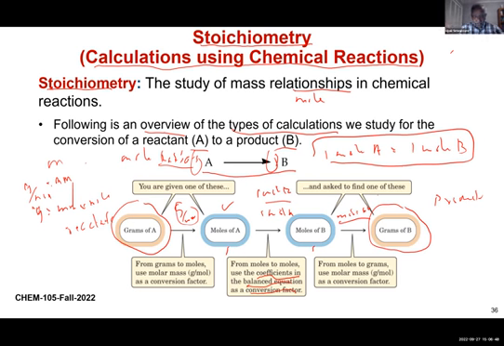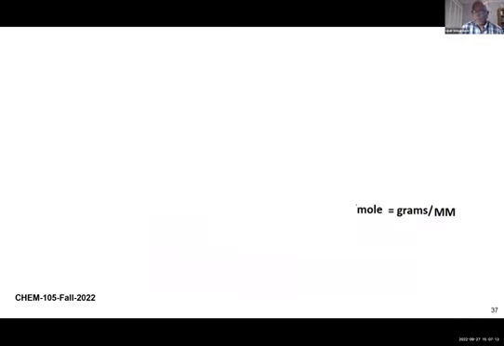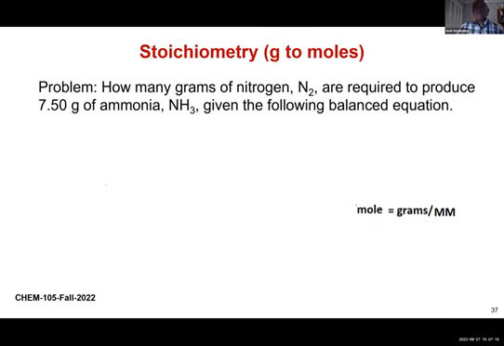This is kind of a theoretical calculation. We didn't use the numbers. So you can easily do a stoichiometric calculation. I wrote up the relationship again, a typical stoichiometric calculation. Grams to moles.